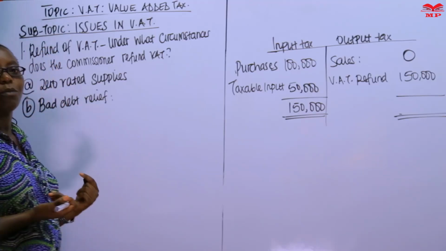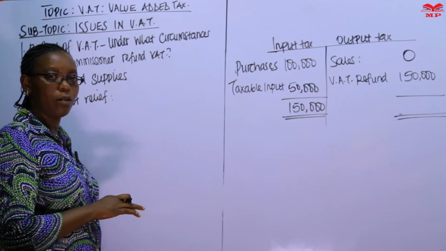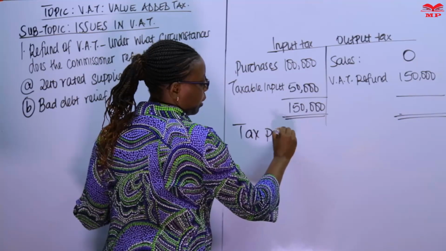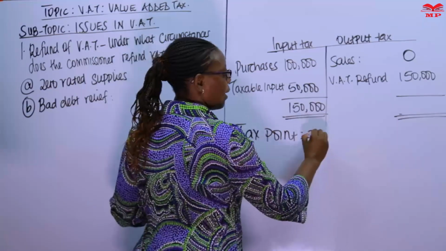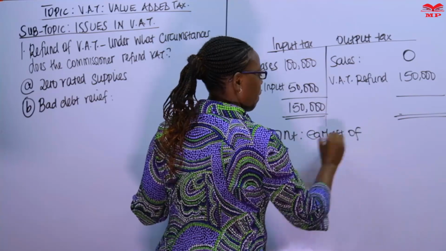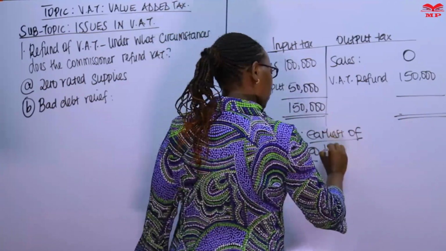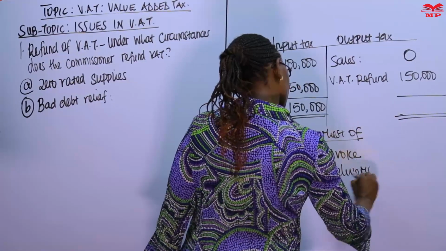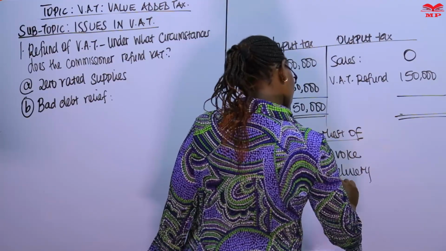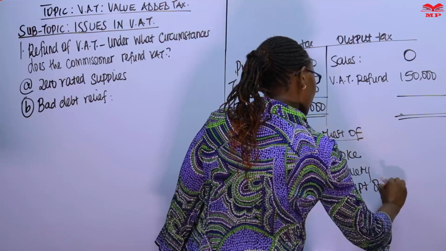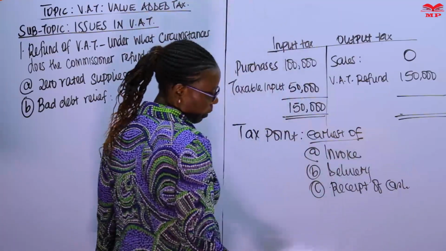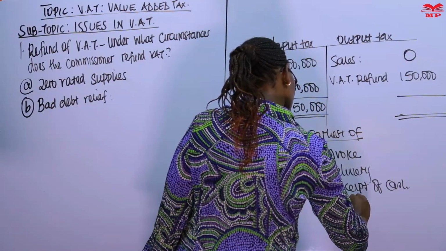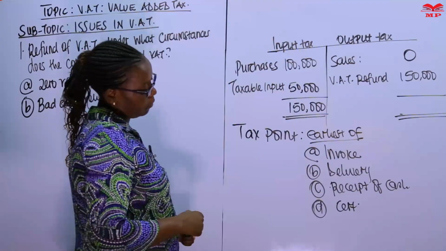And that arises because if we flash back to the earlier lessons, we had said the tax point, or the point at which tax becomes due and payable, is the earliest of: one, the date of the invoice; two, the date of delivery; three, the date when you receive cash, whether in full or partial payment of a transaction; and four, in case of constructions, when you get a certificate from an architect.